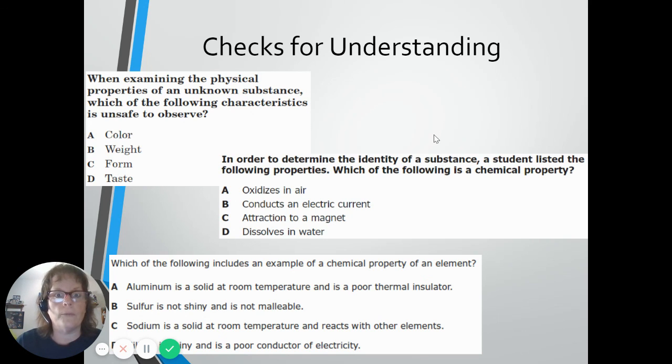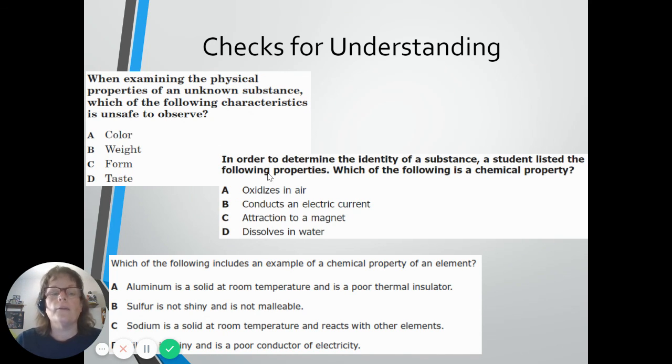Which sense should you probably not use while you're in a science lab, unless you're told by the teacher it is okay, which is probably not going to be, but maybe one time ever? Your answer for that should be taste. We're not tasting anything. Not that that's not a physical property. It is, but you're just not supposed to do it.